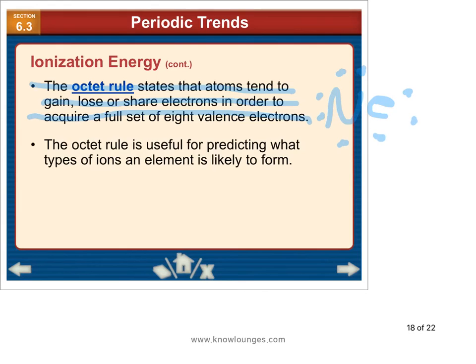That is what we call a stable octet. And other elements, as they react, will typically try to get to that stable octet, the octet rule. The octet rule is going to be very useful for predicting what types of ions an element is likely to form.